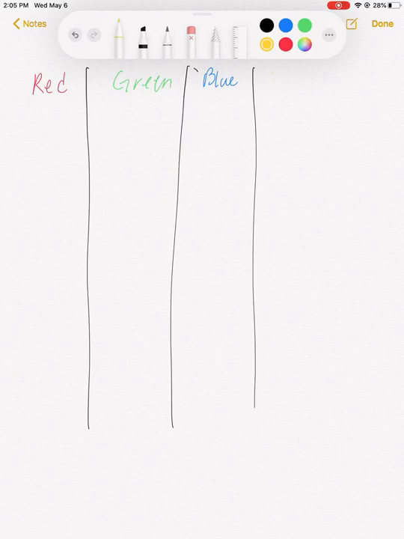And we have a yellow column. Okay. Now we use colors here because we want to have a variety of bases, a variety of ways. So not all of the places are going to be the same. So yellow is the first place on the most right, then blue, then green, and red.